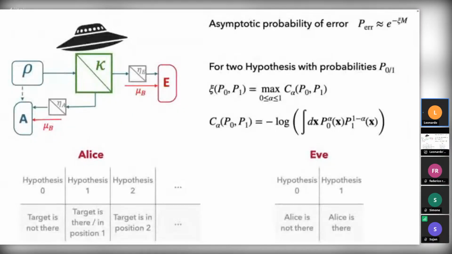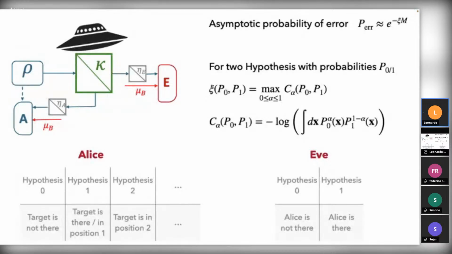It is known that the asymptotic probability of error decreases roughly exponentially with M. M here is the number of probes, so how many times you are probing your target, which is basically proportional to the bandwidth or the photon number of your signal. In the simplest case, this psi over here is what is called the Chernoff information.